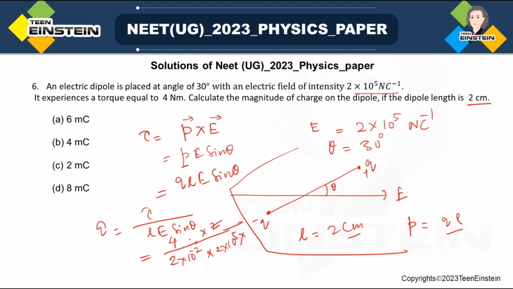So this 2 goes, and here there will be plus 3, and here it will be 2 into 10 to the power minus 3 coulomb. That means it is 2 millicoulomb. So here the answer is option 3.